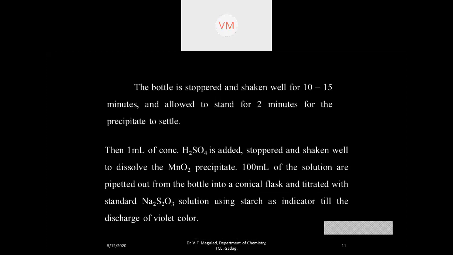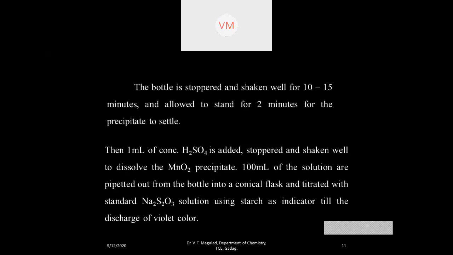Then 1 ml of concentrated sulfuric acid should be added, stoppered, and shaken well. You will observe that the precipitate formed will be redissolved. Then 100 ml of this redissolved solution is to be pipetted out and titrated against the sodium thiosulfate.